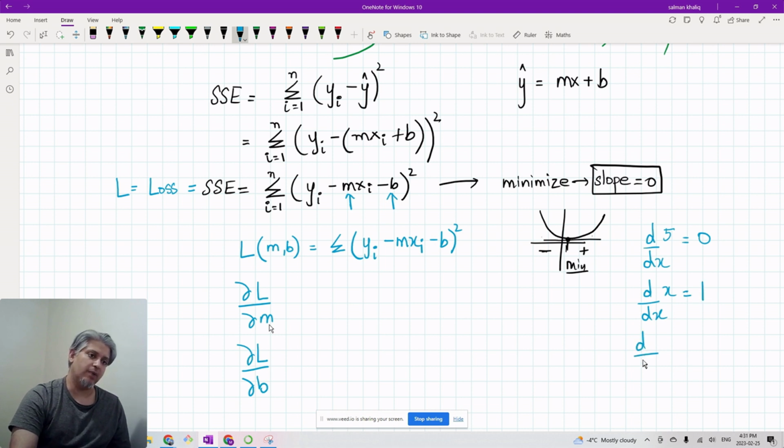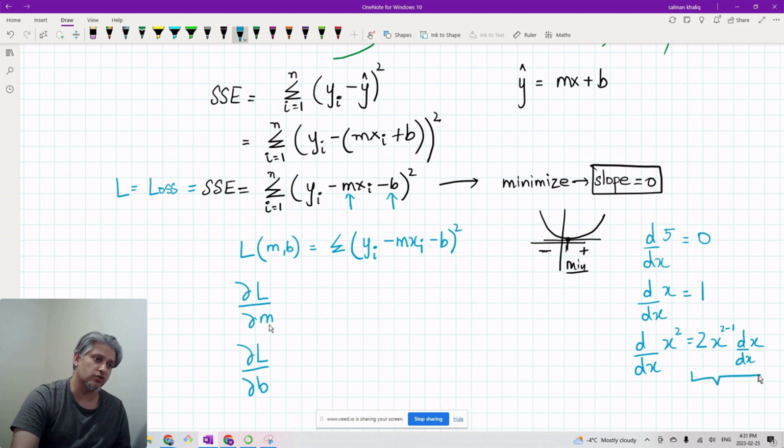And if I have the power rule, say something like this, if I'm taking the derivative of x squared, let's say, what does this mean? First, I need to bring down this 2. Then I will write this function as it is, x, and then I need to subtract 1 from the power. And then I need to take the derivative with respect to x of whatever was under the power. This is also called the chain rule.